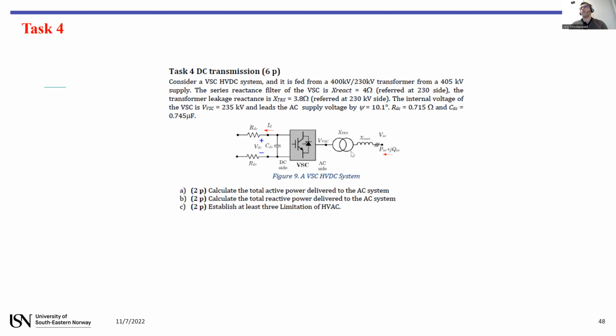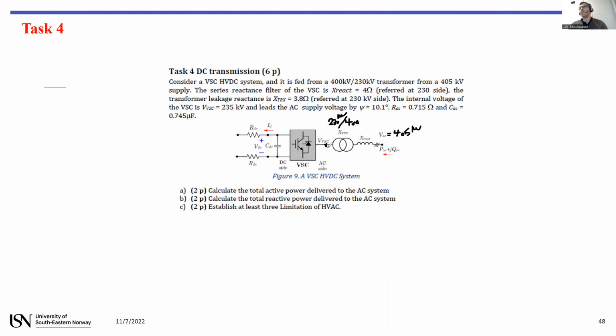So according to the text, you have a transformer that is 400 kilovolt here, 230 kilovolt here. The voltage AC is 405 kilovolt.